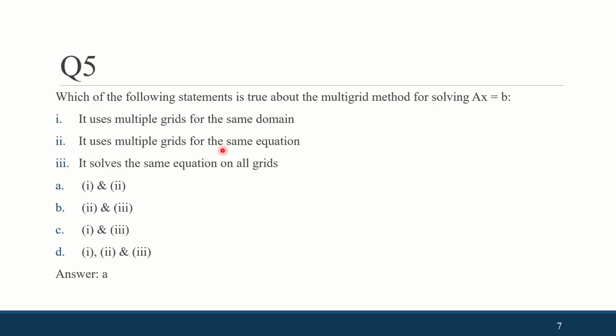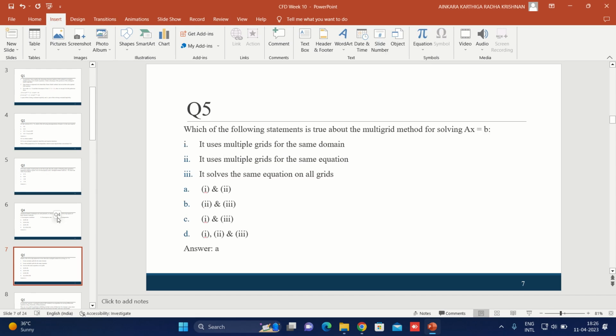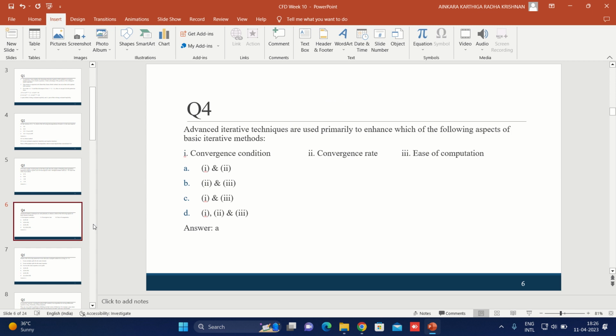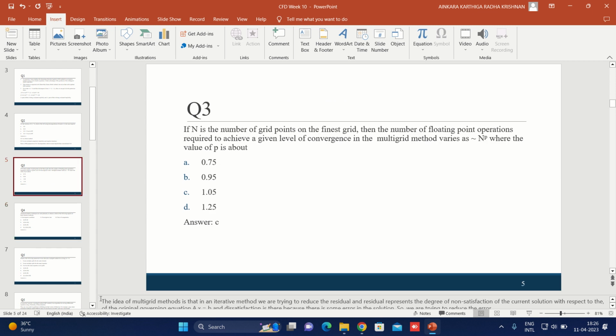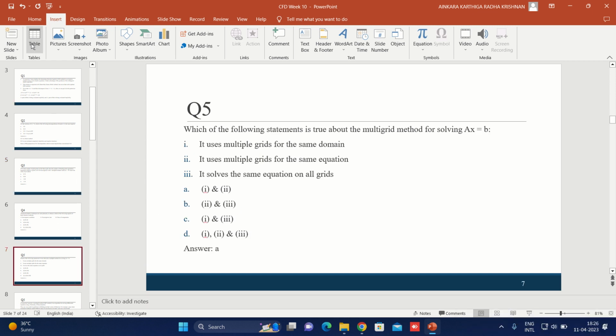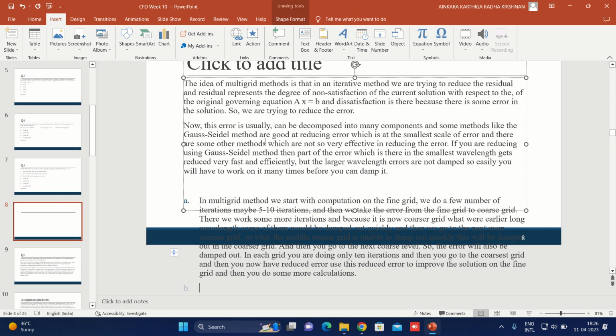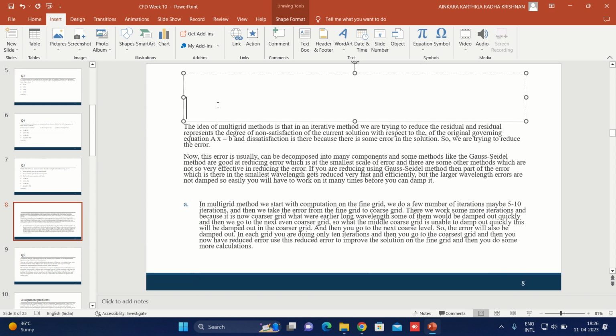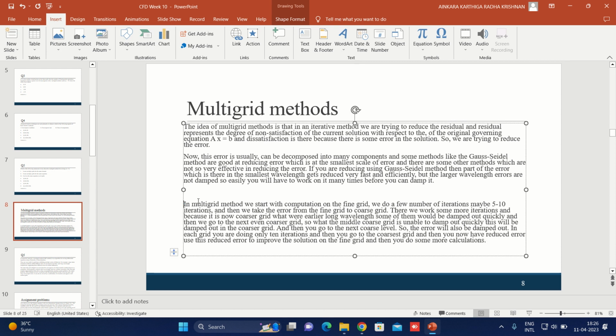For example, here it is given actually. We'll just have a look, because the following problems are also mainly focusing on the multigrid method.